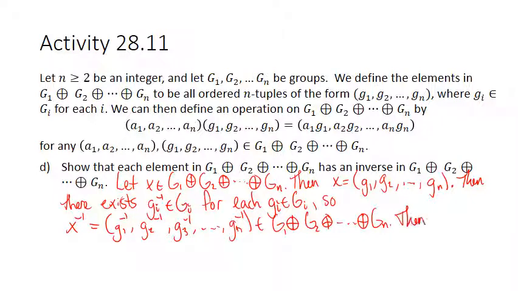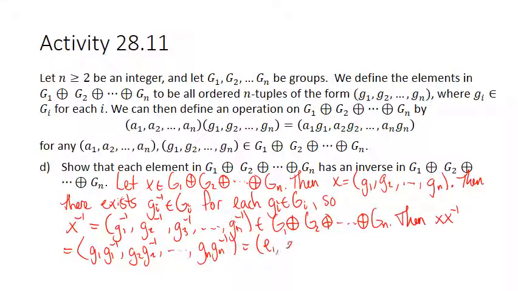So then x times x inverse will be the following. It'll be g1, g1 inverse, g2, g2 inverse, dot, dot, dot, up through gn, gn inverse. So that will be E1, E2, so the identity element in each of these little groups. Okay, and that is the same as the following.